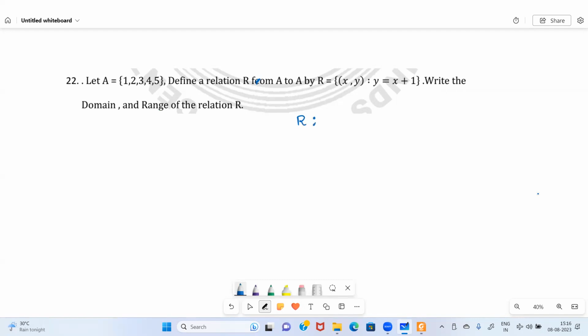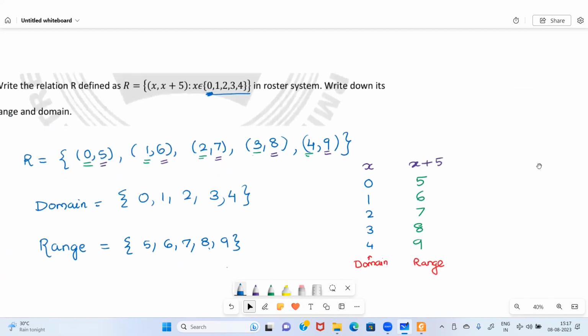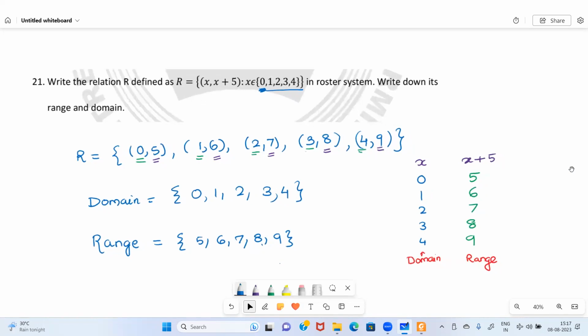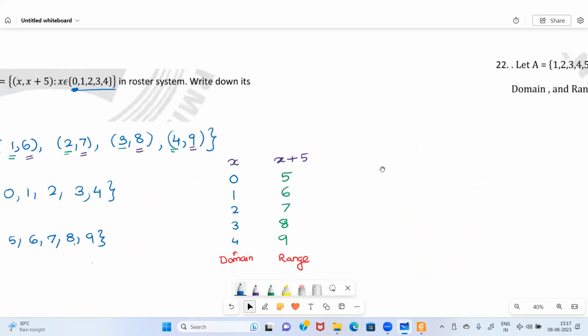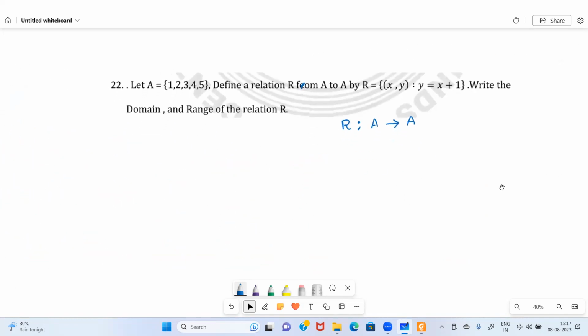Okay. Now relation is defined from A to A. A is {1, 2, 3, 4, 5}.